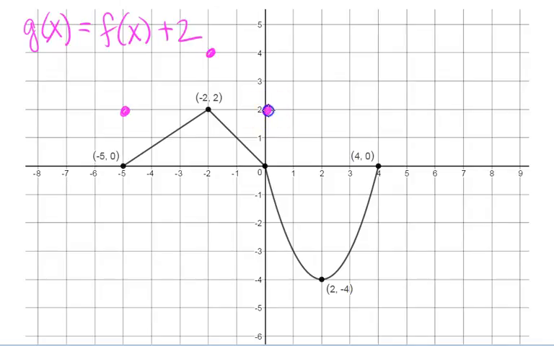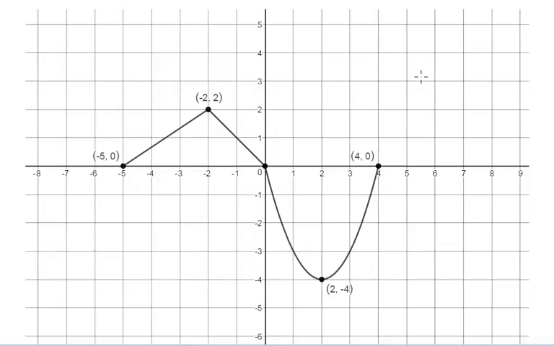And so for those, I'm going to add 2 units to each one and connect the dots. And there's f of x plus 2, a change outside the parentheses only, because this plus 2 is outside the parentheses, and what I mean to say is a change to the y values only. All the x values stay exactly where they were.